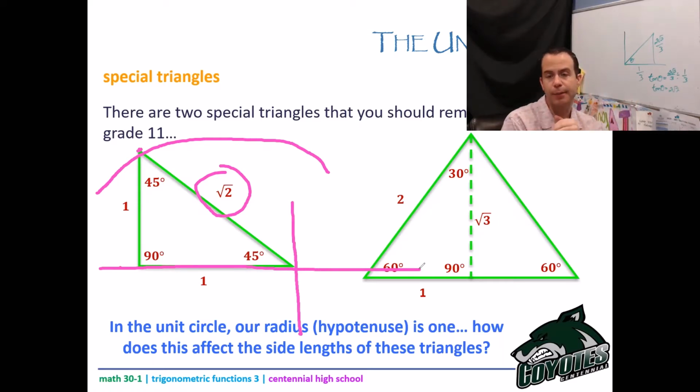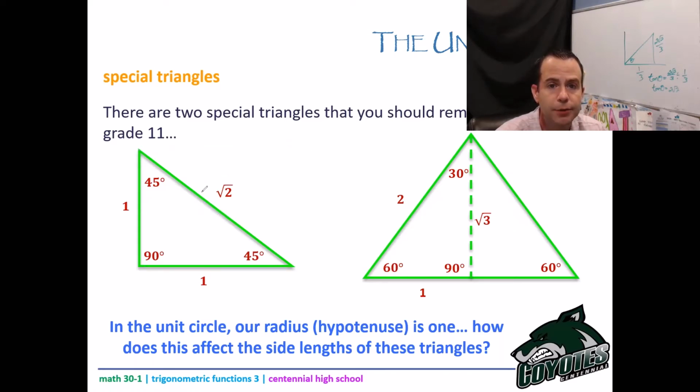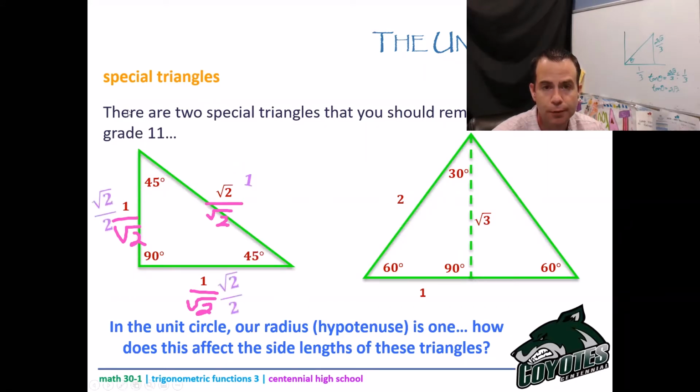I'll divide everything by root 2. Yeah? Root 2 divided by root 2 is 1, so that's totally cool. So if I divide everything by root 2, divide by root 2, divide by root 2, because I did it to everything, I essentially just shrunk the triangle, okay? And so that ends up with 1. And then root 2 over root 2 when I rationalize.